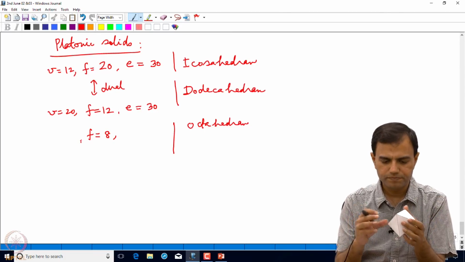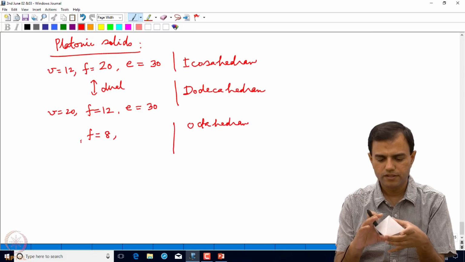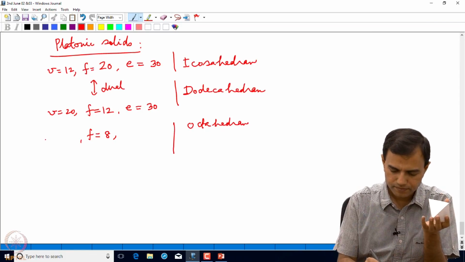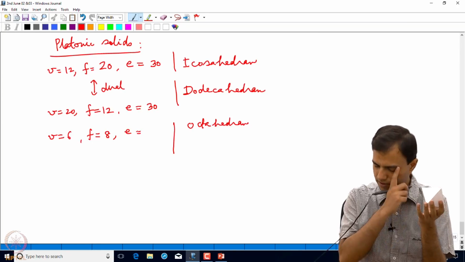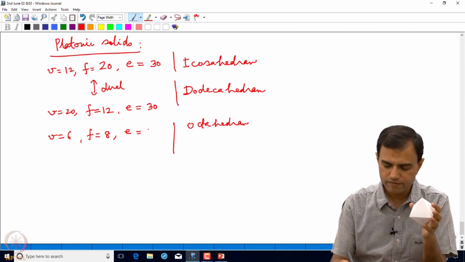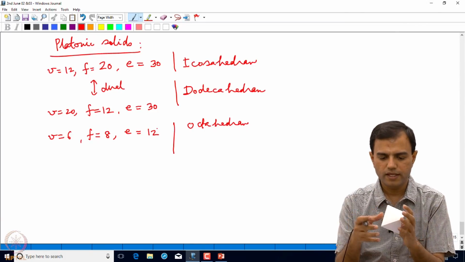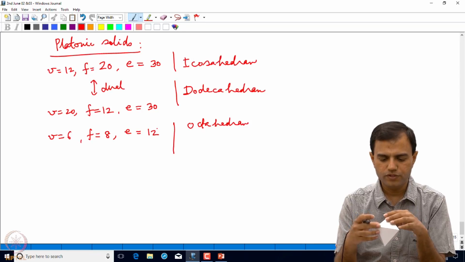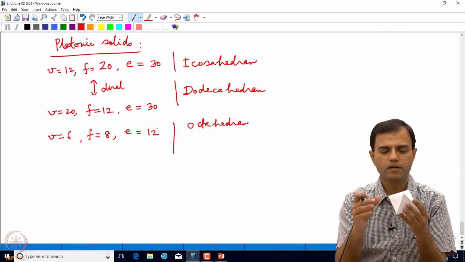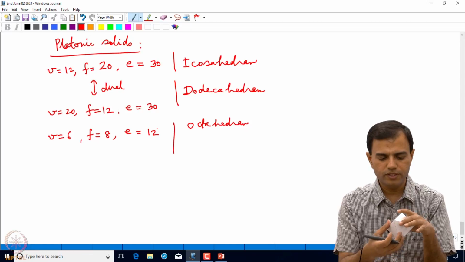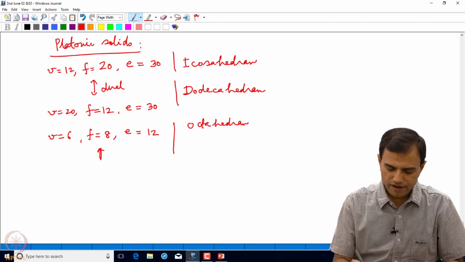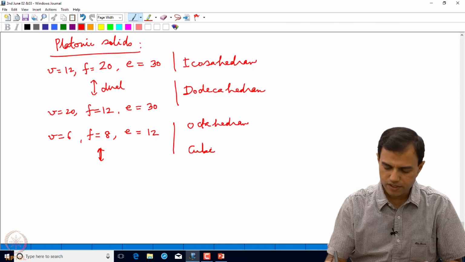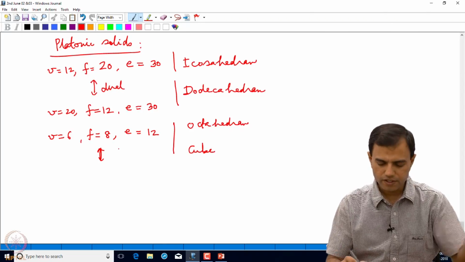The number of vertices is 6, and the number of edges is 12. 4 up, 4 down, and 3 in the middle, 12. And then we have a cube which is dual to it.